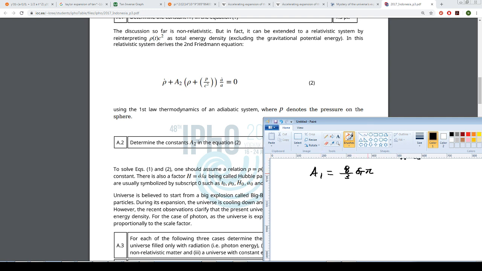And to do that, we use the first law. The problem said we need to use the first law, and we need to treat it as an adiabatic system. Because it's adiabatic, it's just dW. And the work from that pressure is PdV.